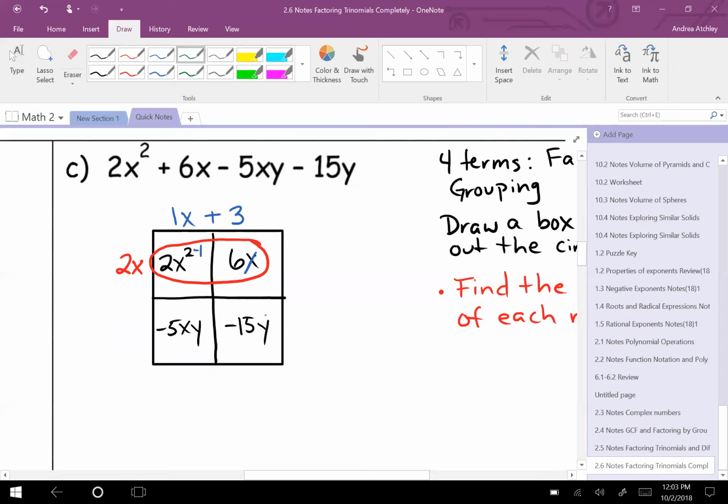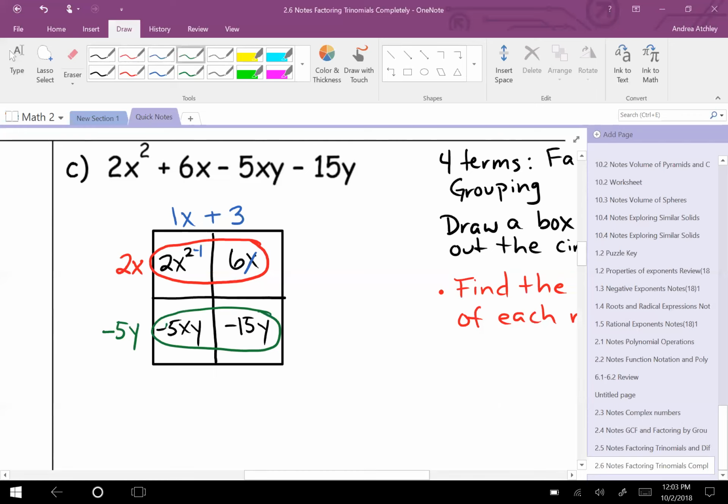Okay, now we're going to find the GCF of the second row as well. Okay, negative 5xy and negative 15y. What's the GCF there? 5y. Very good. Negative 5y. Okay, why is it negative? Very good.